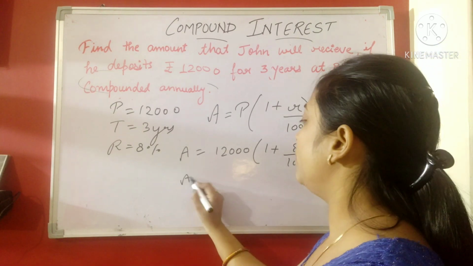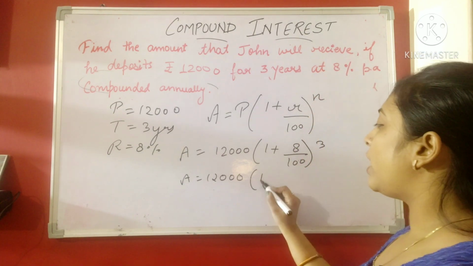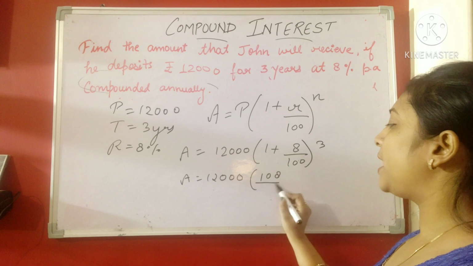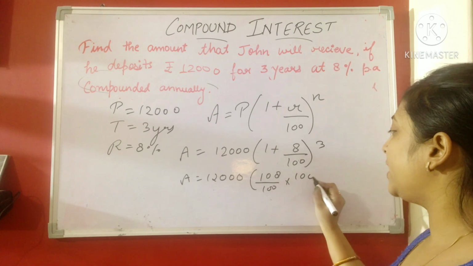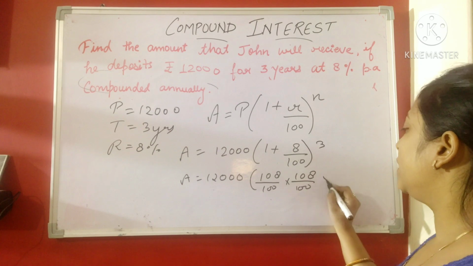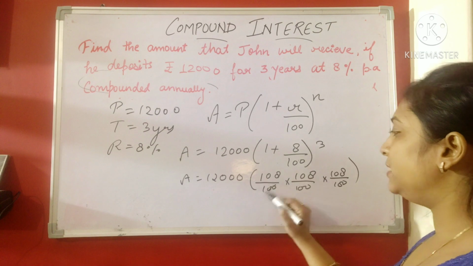Now just solve. It's 12,000 into 108 by 100 raised to the power 3. That means we can write 108 by 100, 108 by 100, 108 by 100. Right. Now please solve.